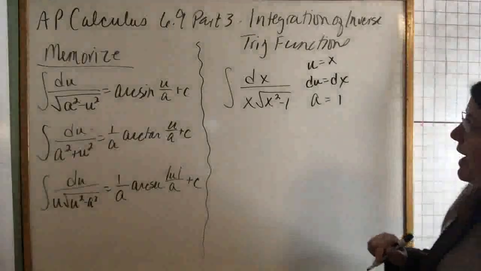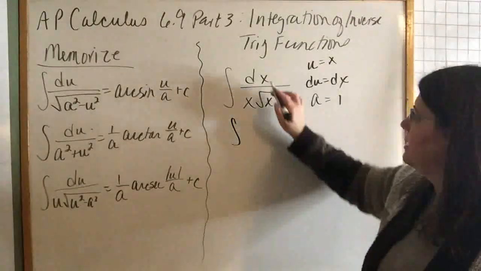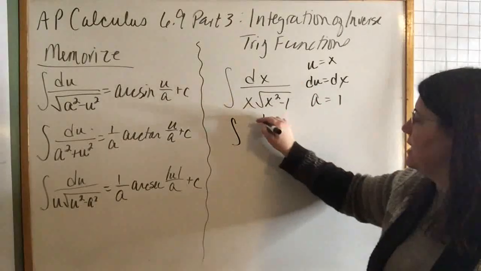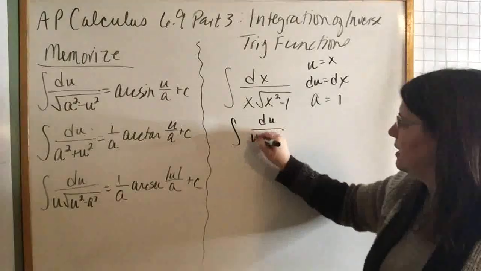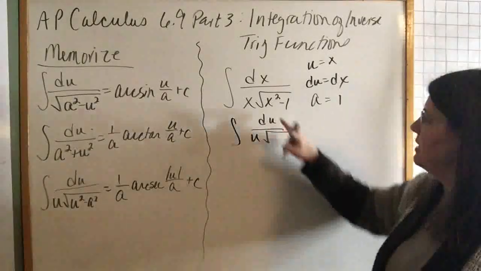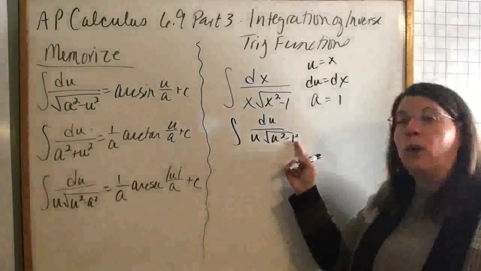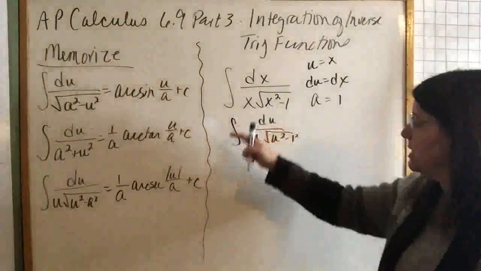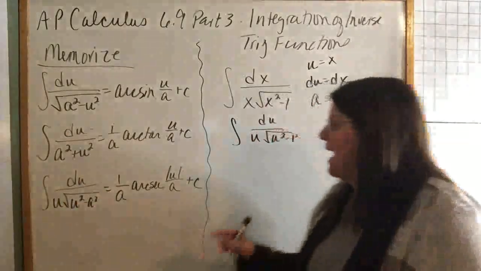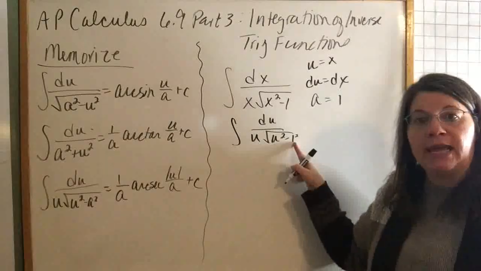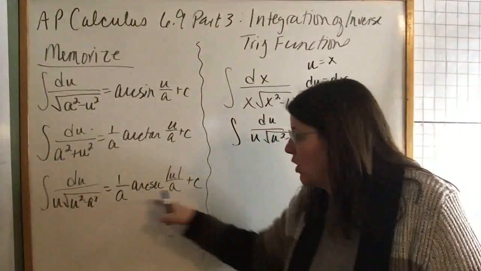And so then if I just substitute and look at what I've got here, dx is du, so I've got du over x is my u, so that's a u, and then underneath I've got u squared minus 1 squared, right? So if I look at this, that's exactly what I've got here. The only difference is instead of having a, I've got 1 squared. I know that a is 1. So I can assume that this is an arcsecant.